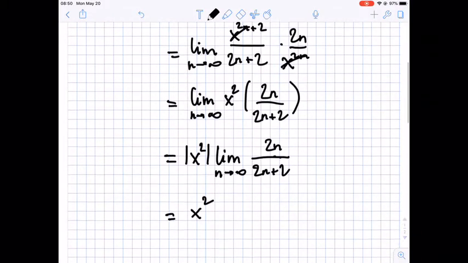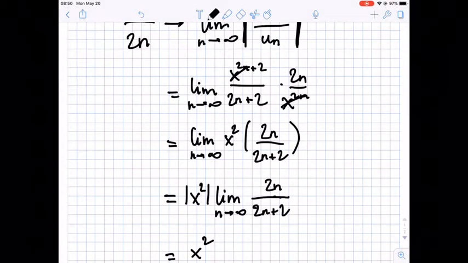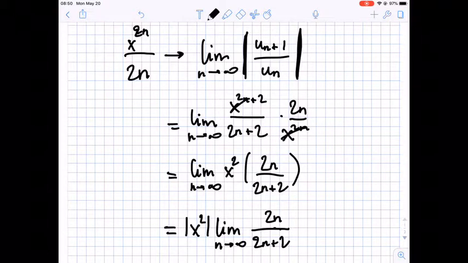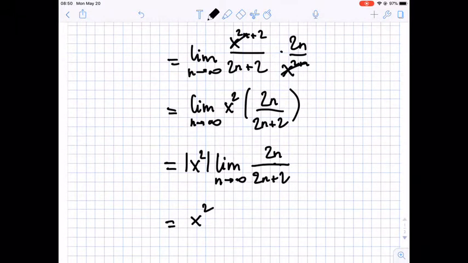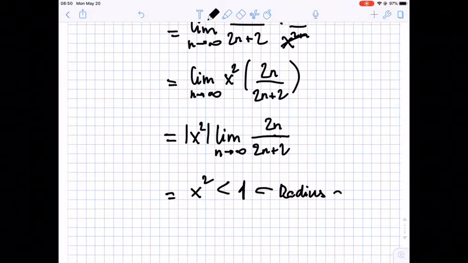Naturally, remember the ratio test: if you want this to converge, the final limit has to be less than 1. So this right here, 1, is the radius of convergence.